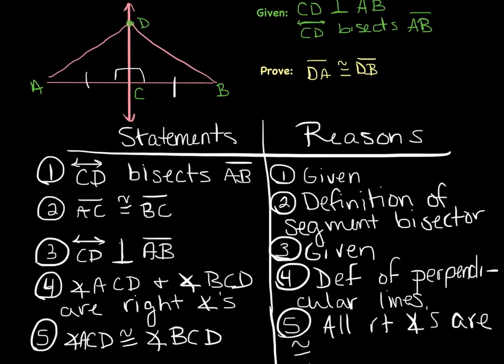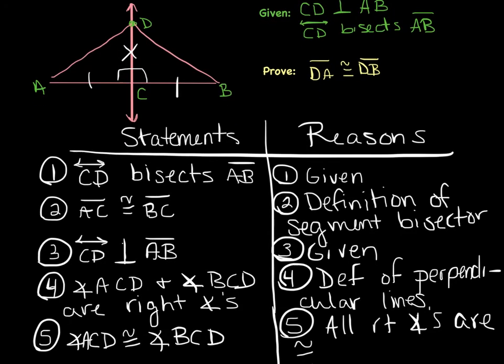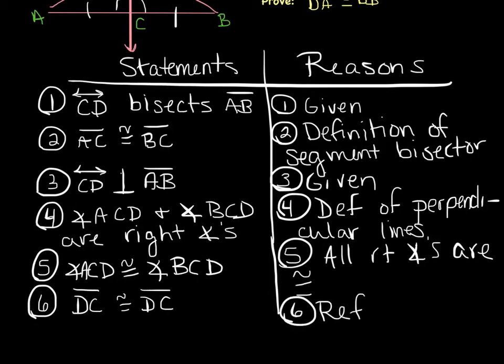And when I look back at my diagram, I notice, hey, right here, we share a side, so I can use that reflexive. Remember, we're always going to try to look for those things that are easier to use than other things. So we've got that segment DC is congruent to segment DC. And for 6, it's the reflexive.